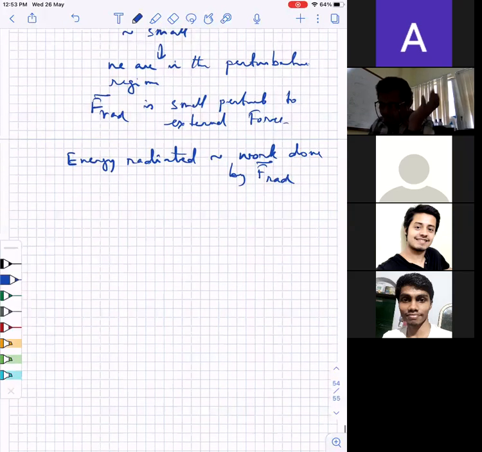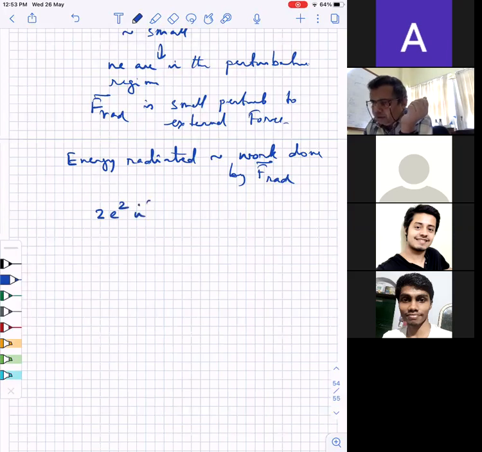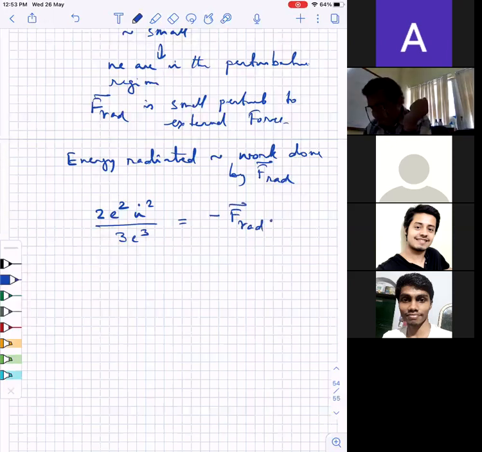You know the energy radiated, which is 2e squared u dot squared by 3c cubed, and this is my F rad dot u, the force balance equation.